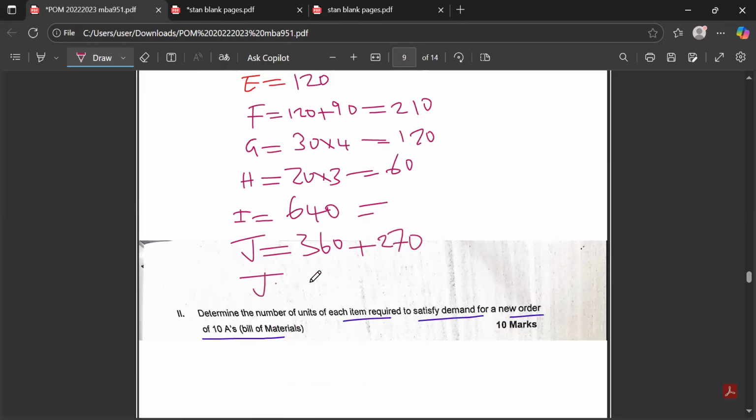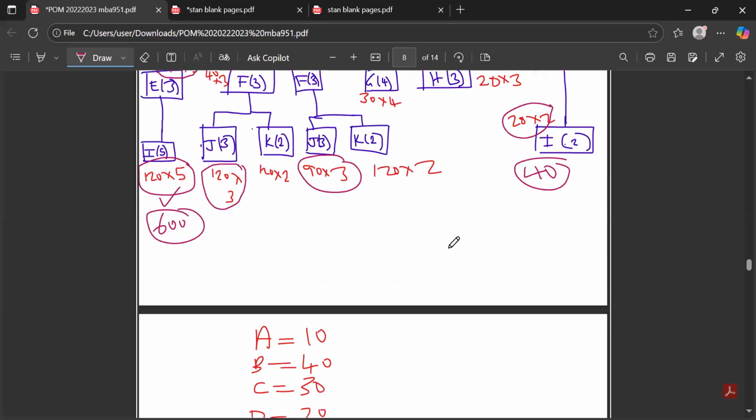So meaning our J will actually be equal to 360 plus 270. The answer is 630. So this is the answer to part B of this question.